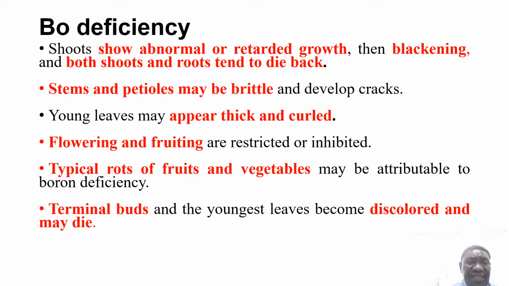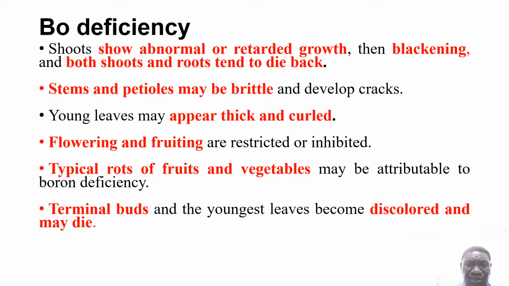With boron deficiency, shoots show abnormal or retarded growth, and then blackening, and both shoots and roots tend to die back. Stems and petioles may be brittle and develop cracks. Young leaves may appear thick and curled. Flowering and fruiting are restricted or inhibited.